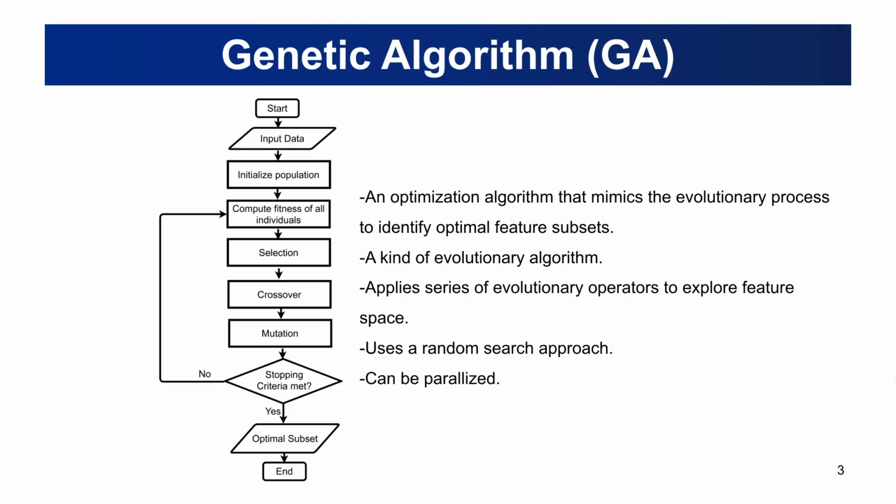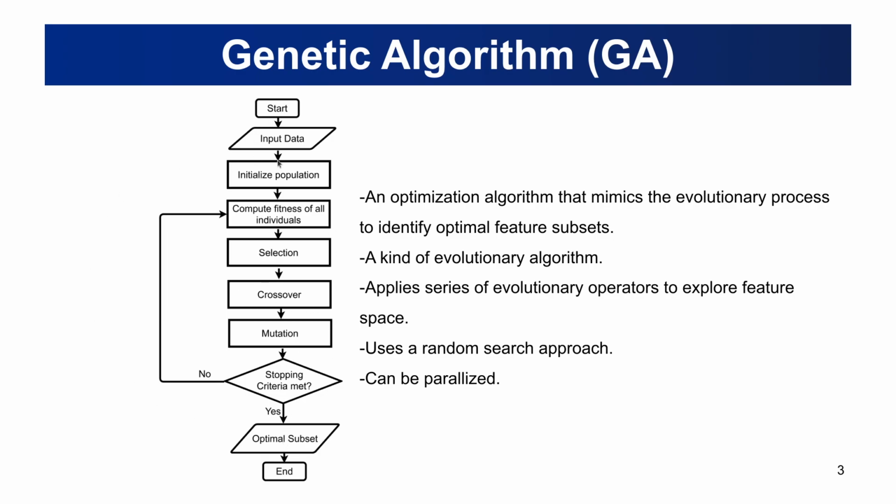We apply a series of evolutionary operators to explore the feature space and select the optimal or near optimal subsets for our model preparation. That is the classical genetic algorithm, but there are improvements that have been made, which I'll talk about later. So this is an overview that you can use to get started.